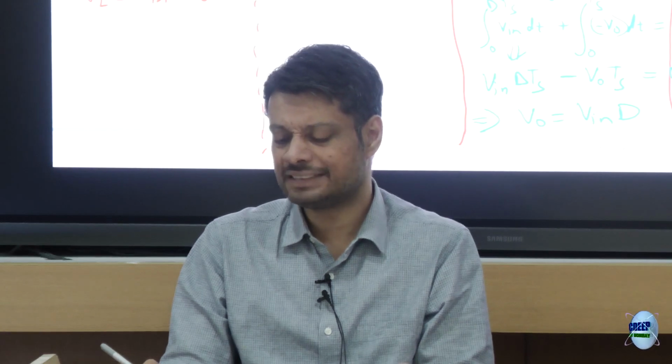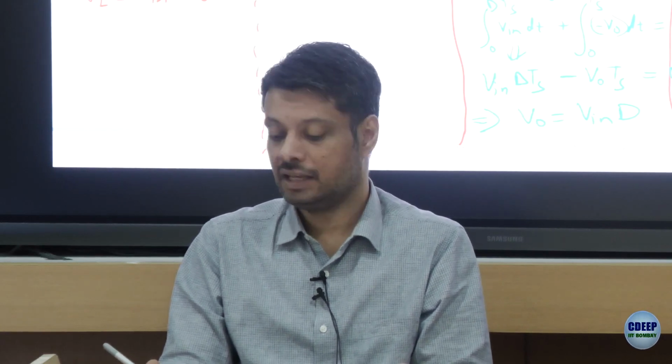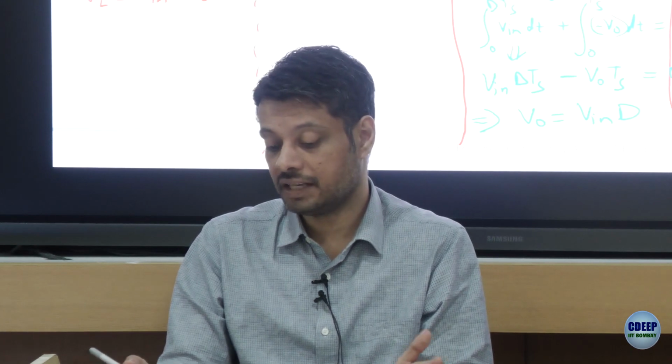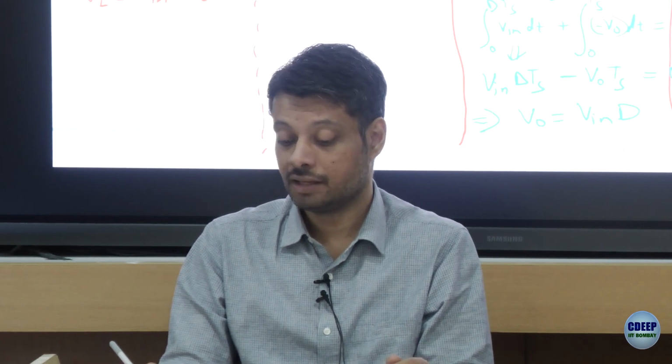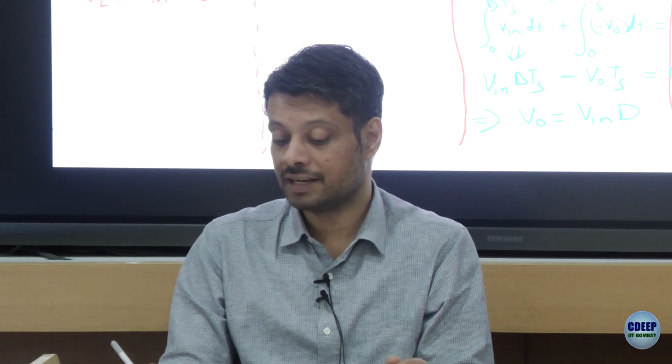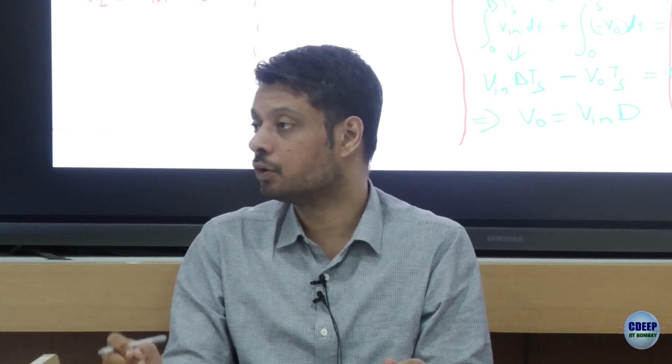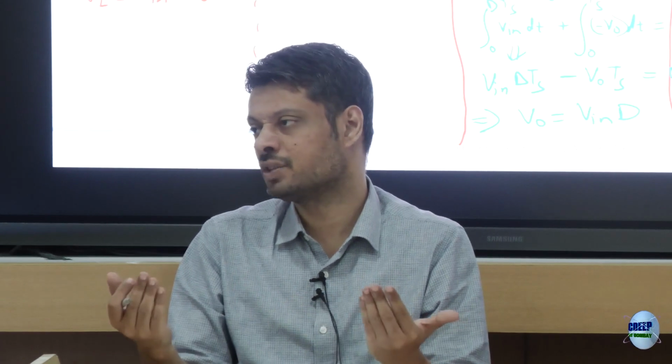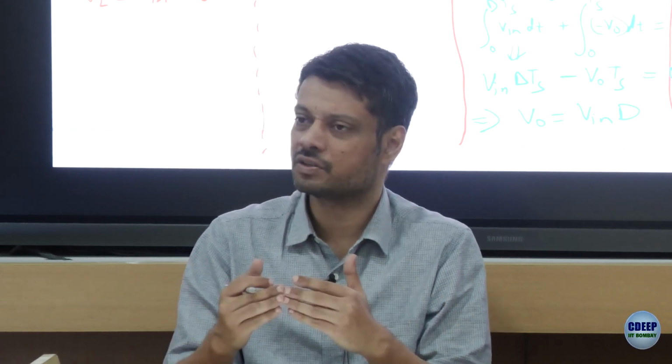V naught need not necessarily be constant. If output voltage is constant, fine. If it isn't constant, that's also okay. Capital V naught symbol represents the average value of the output voltage. If it's constant, then average is equal to instantaneous all the time. If it's not constant, fine.